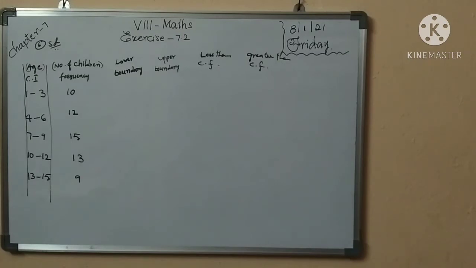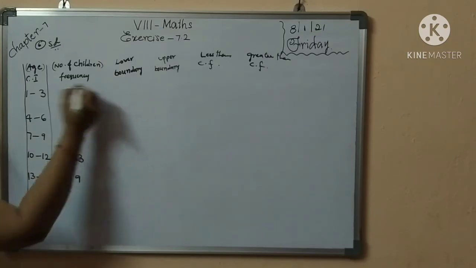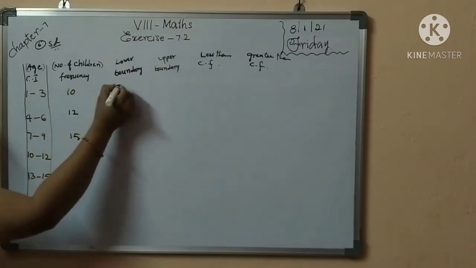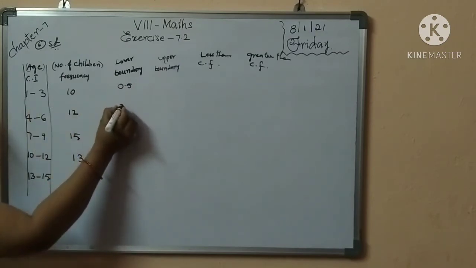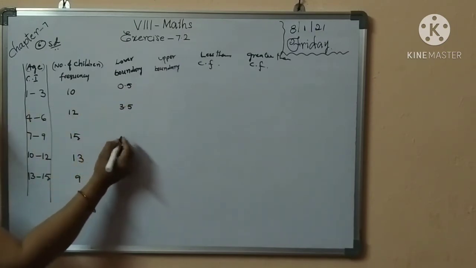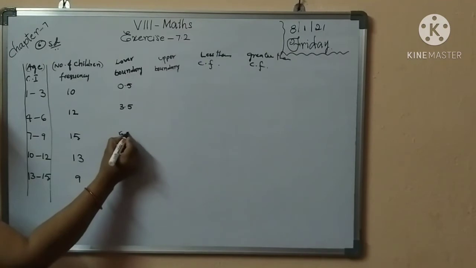Okay. So next one, lower boundary. Already in the previous problem I explained what the lower boundary of a class interval is. Take the left side values and subtract 0.5. So here 1 minus 0.5 is 0.5. Next 4 minus 0.5 is 3.5. Next 6.5.